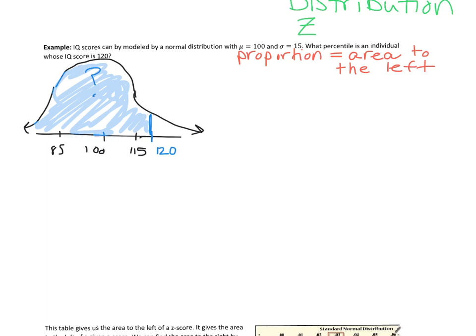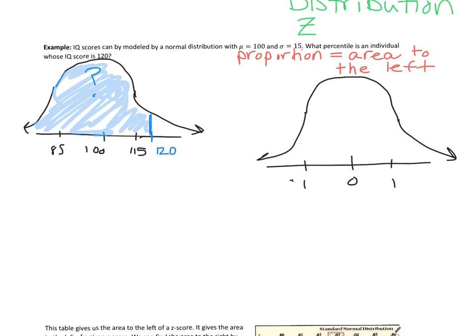So again, what we do is we have to put this in terms of our standard normal distribution. Let's get our standard normal distribution going and figure out that z-score. We'll just call it z; you can call it z1 or just z.